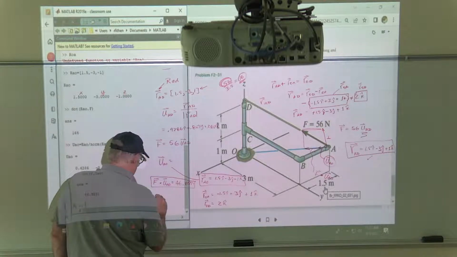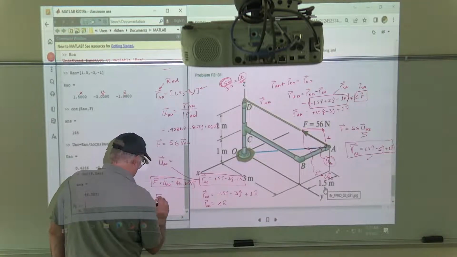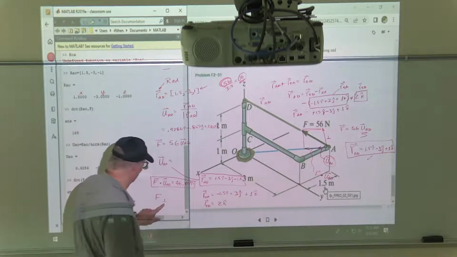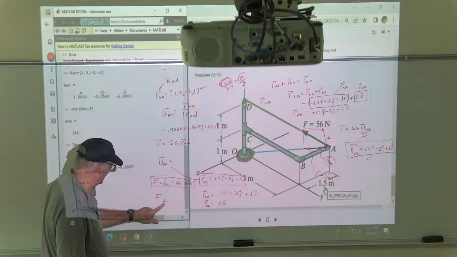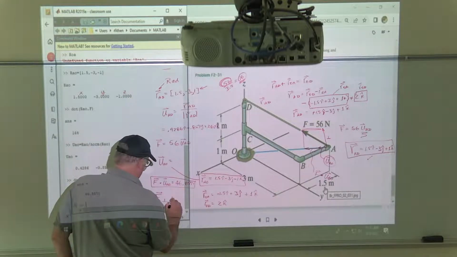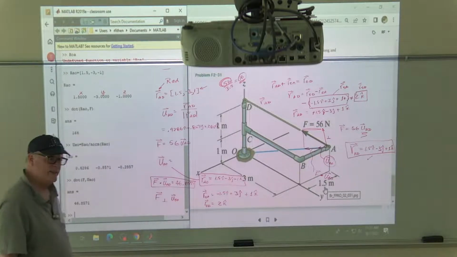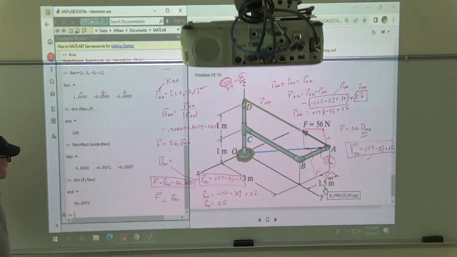Now, if I wanted to know the one component of the vector that was perpendicular, he draws this line as being perpendicular. If the magnitude is perpendicular to the UL, what would you do? How would you do that? Okay, you're getting on the right track.